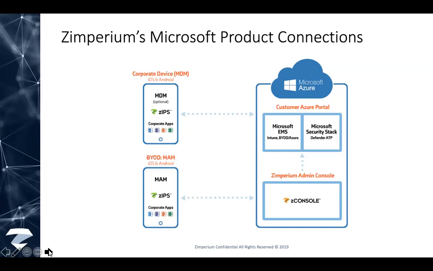So we've also built upon that integration now and leveraged that with the Windows Defender ATP integration, where now we can take those threats that we collect from the mobile devices and send those over to Defender ATP for analysis and EDR response actions.